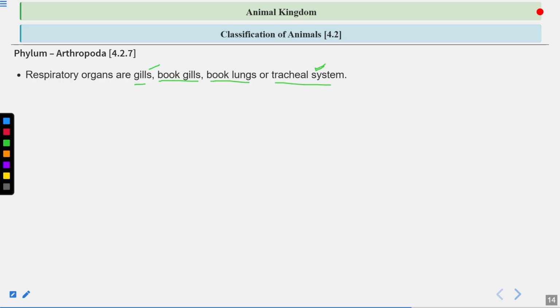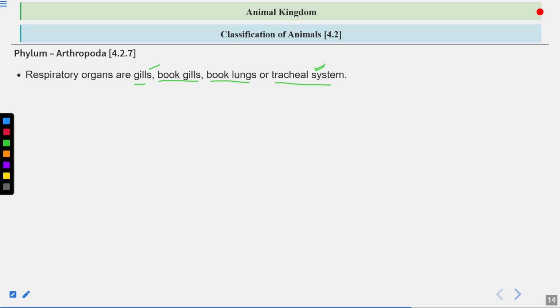Your cockroach also belongs to this phylum, and it has a tube-like trachea all over inside its body, and from the sides it has small hole-like apertures called spiracles. From these spiracles, the air enters the tracheal system, and there is an exchange of gas.